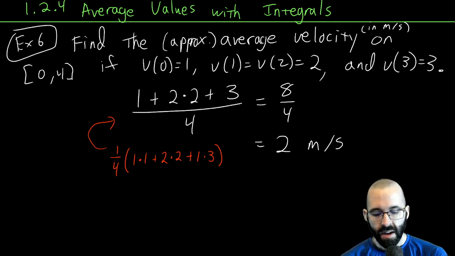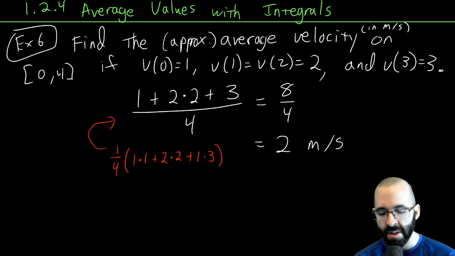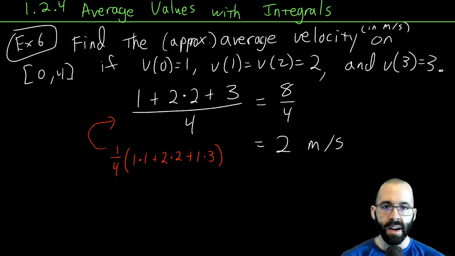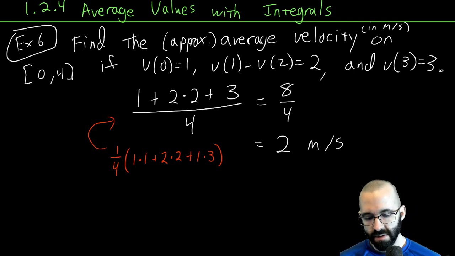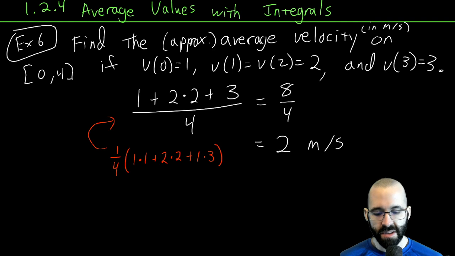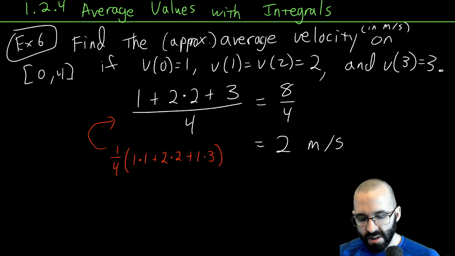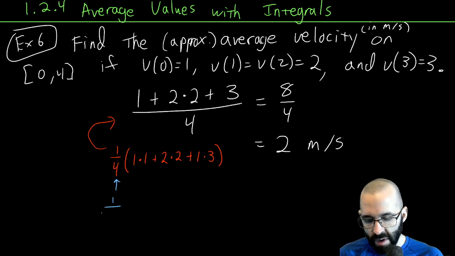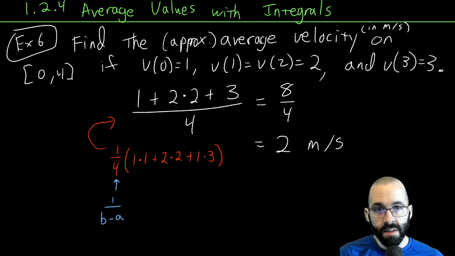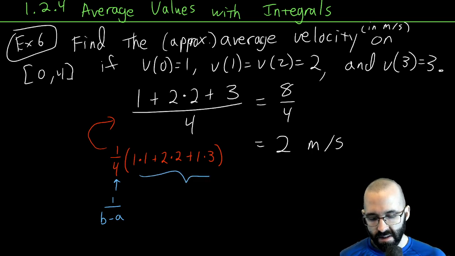Specifically, it's a Riemann sum divided by the length of the interval, or multiplied by the reciprocal of the length of the interval. So 4 is the length of the interval, and 1/4 is just 1 divided by the length of the interval. The length of the interval is b minus a. And all this is just our Riemann sum.